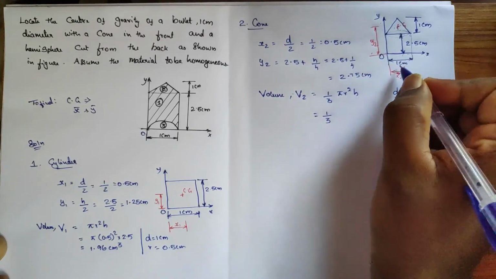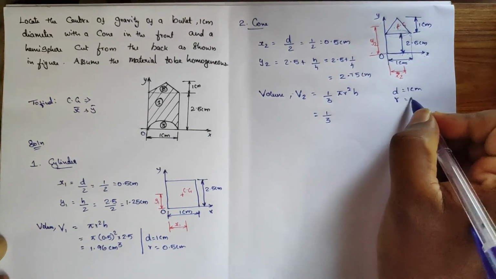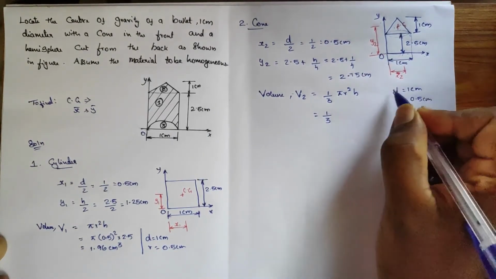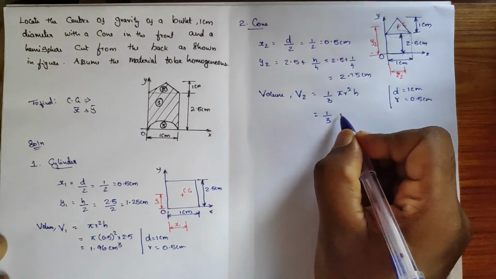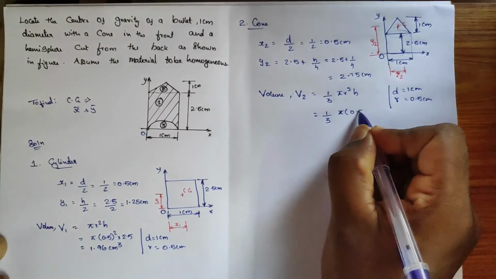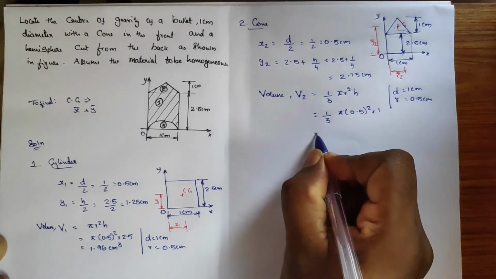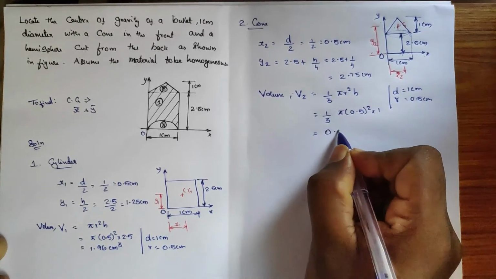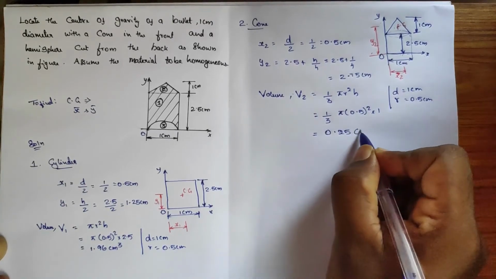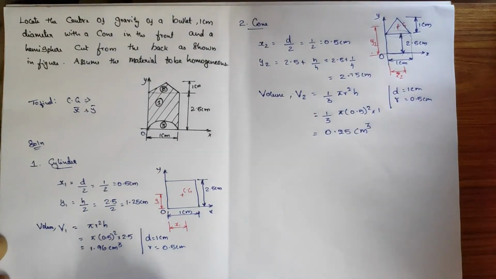Here it is given 1 centimeter, so radius would be 0.5 centimeter. So pi into 0.5 centimeter the whole square into height of the object, which is 1, you will get 0.25 centimeter cube, right? This is volume 2.